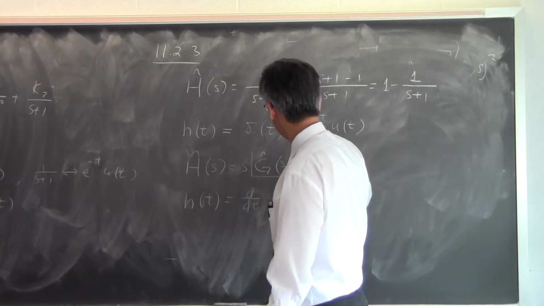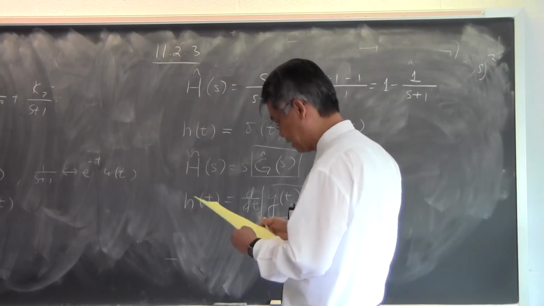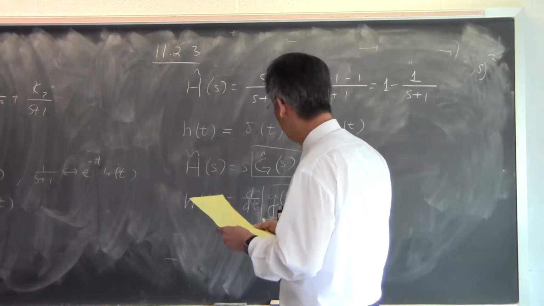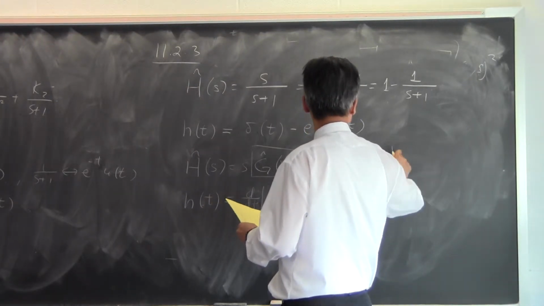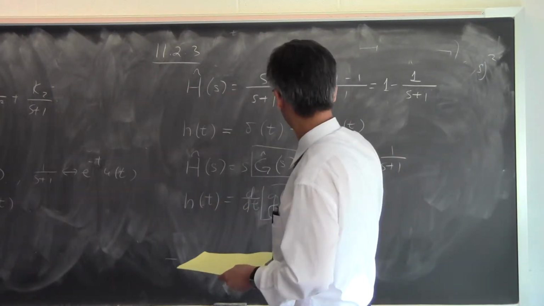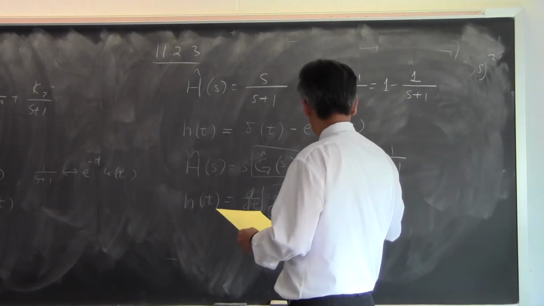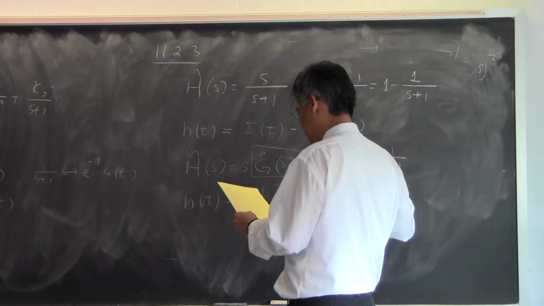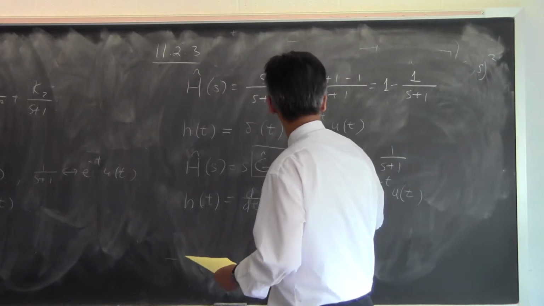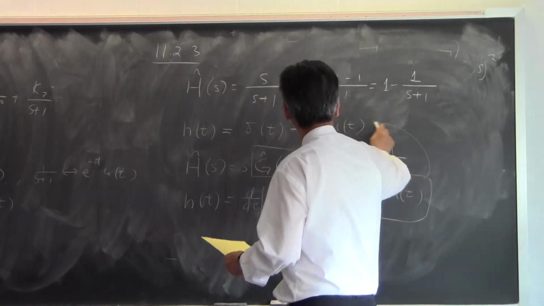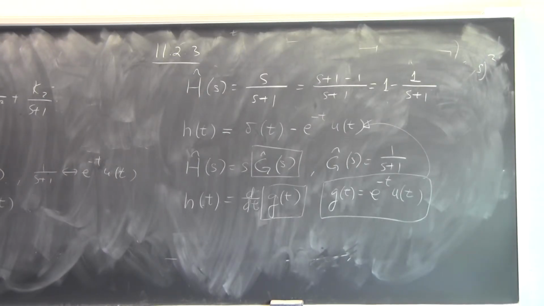So I can find the Laplace inverse transform of this and plug it in here and do a derivative, and I should get the same answer. And that g hat of s, you can say that g hat of s is just equal to 1 over s plus 1, right? This inverse Laplace transforms to something like e to the minus t u(t). Okay, and if you differentiate this one, you get this one. Okay, that's a second way of doing that problem.